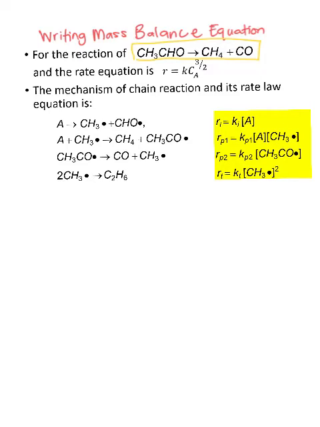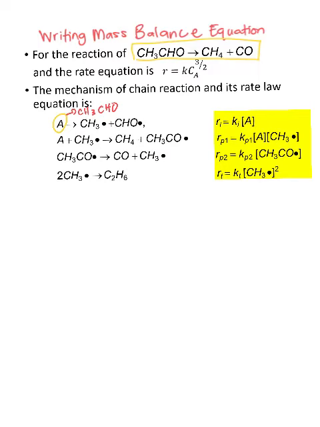So if we assume that reactant A is CH3CHO, for this example reactant A, based on the stoichiometric equation, is CH3CHO. So we simplify it as species A, reactant A. Okay, so it involves 4 steps of reaction.